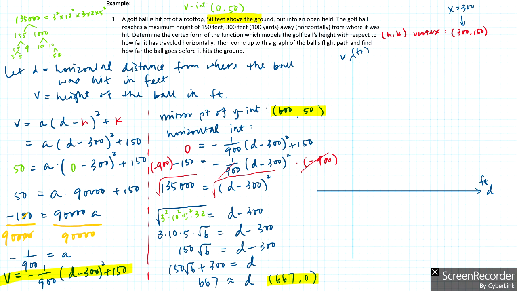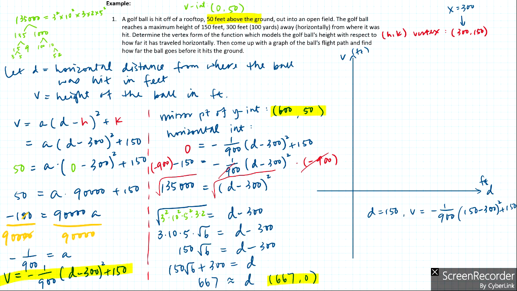So when we have d equals 150, we would get v is equal to negative 1 over 900 times 150 minus 300 squared, plus 150. So that's what I'm going to plug in. And if I simplify everything, 150 minus 300 would be negative 150, squared would be 22,500.